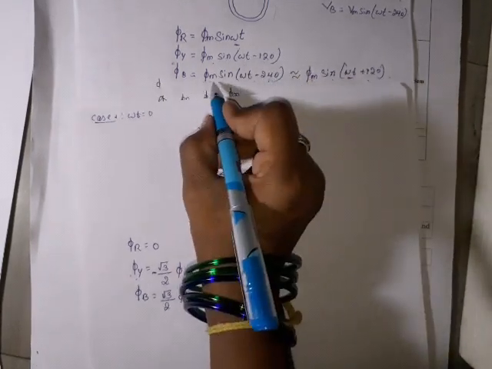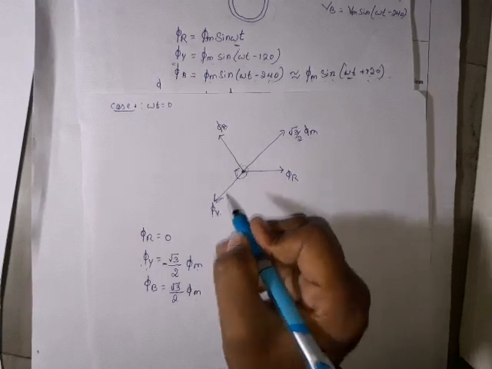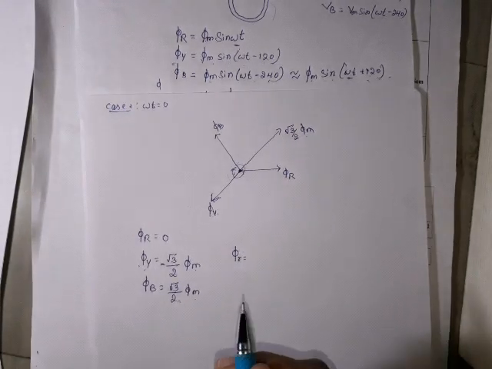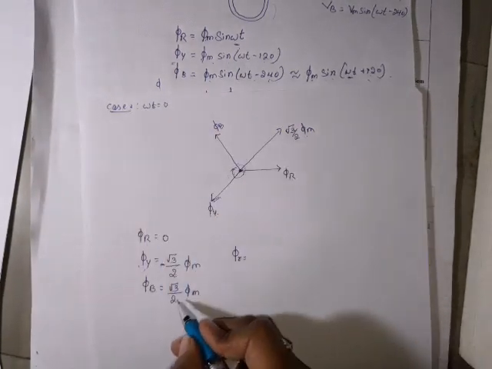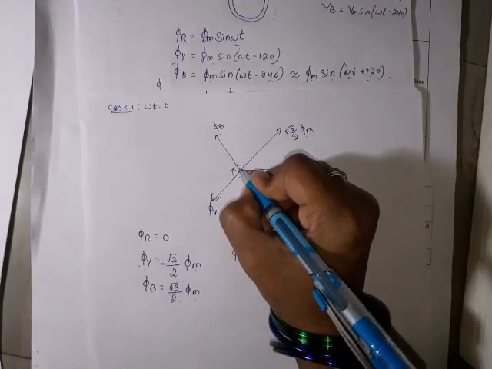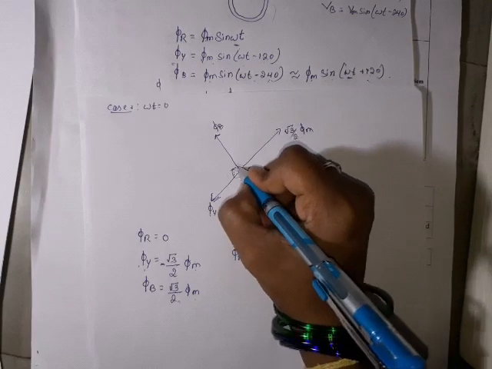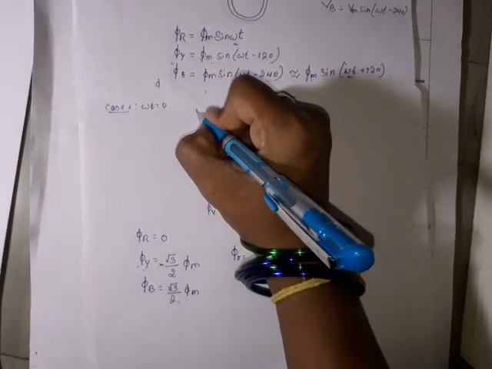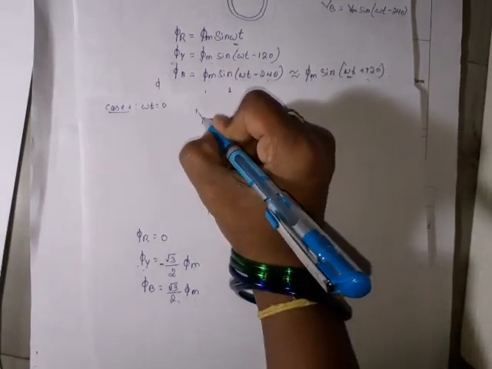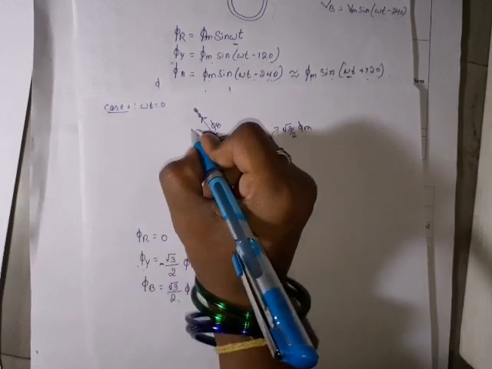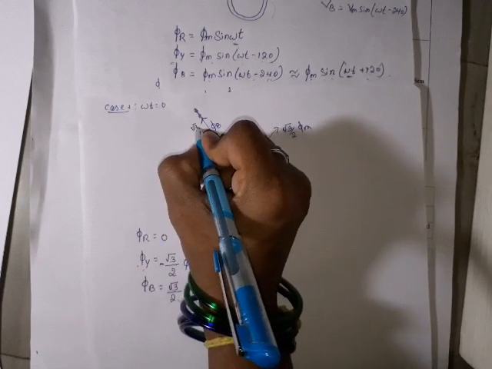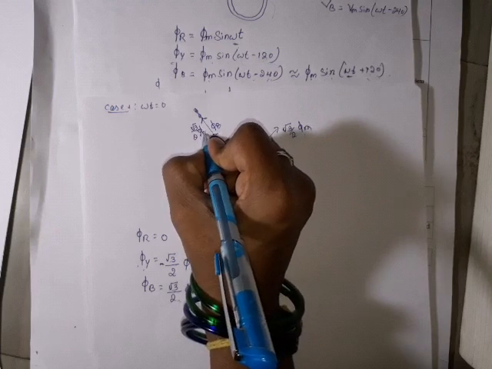So phi m is the magnitude right now we have. But what we are getting at this point, when omega t is equal to 0, is root 3 by 2 times phi m. So this may be phi m, and root 3 by 2 times means about 0.87 times. So here we'll get somewhere here. Okay. Root 3 by 2 times phi m.